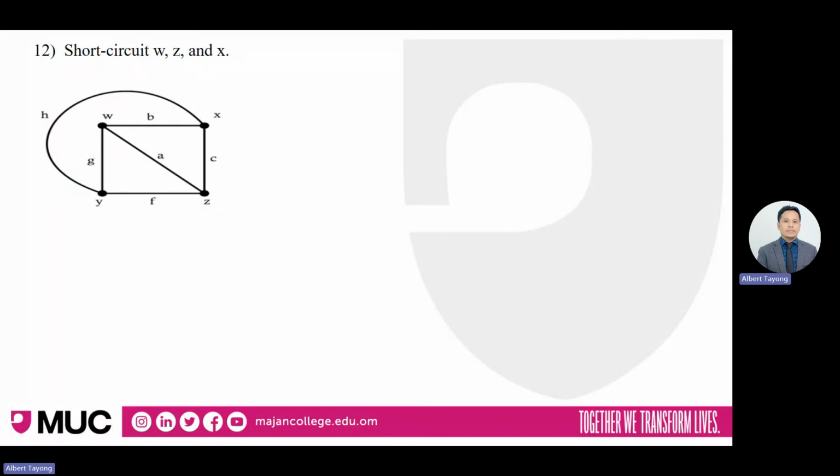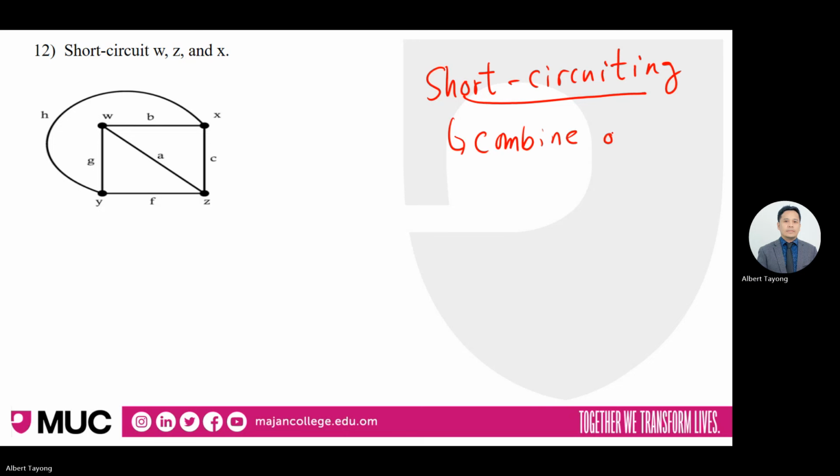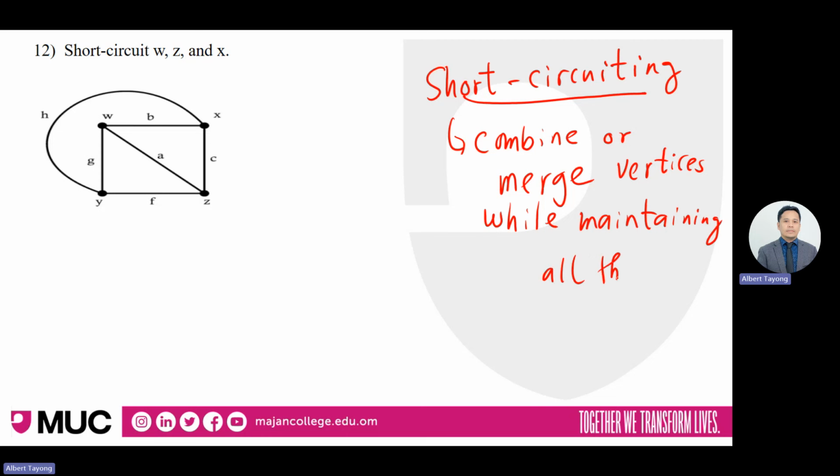We will now have the continuation of our discussion, starting with the short circuit. So when I say short circuiting in graph theory, what we do is we combine or merge vertices while maintaining all the connections.